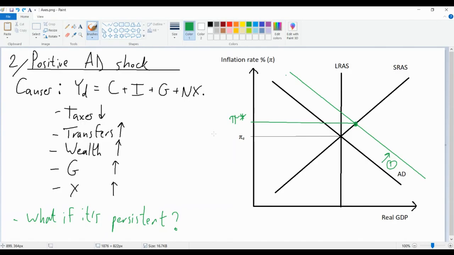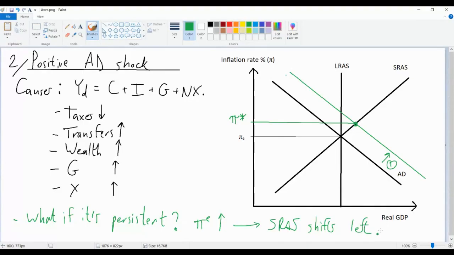Well, the people who live in this economy, they're not stupid. If they realize that inflation is coming in at higher than what they expected, sooner or later, they should figure it out and no longer expect this rate of inflation. They should expect a higher rate. And once expected inflation rises, of course, that's the same thing as saying that the short-run aggregate supply curve shifts to the left.